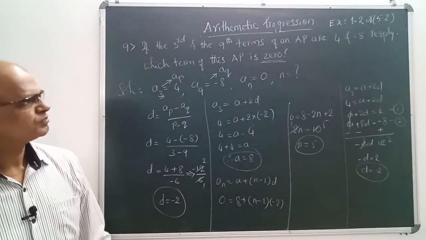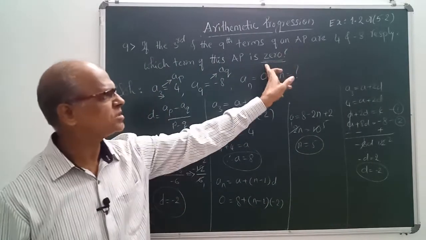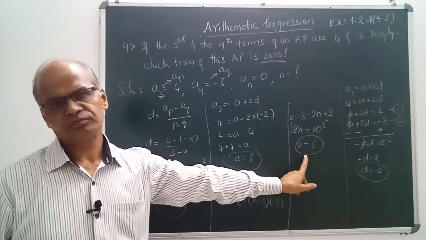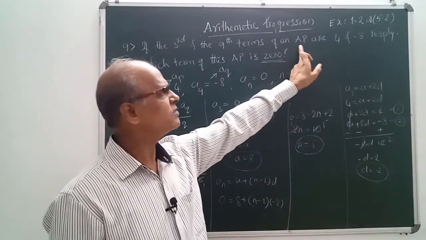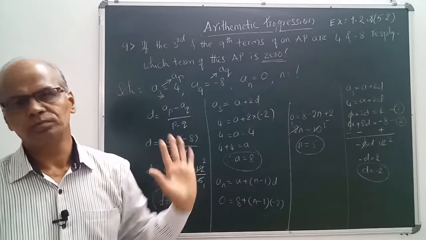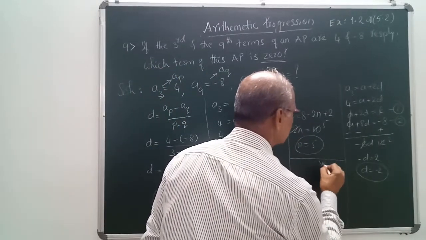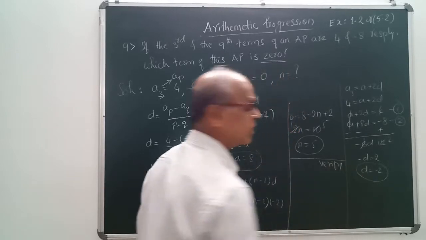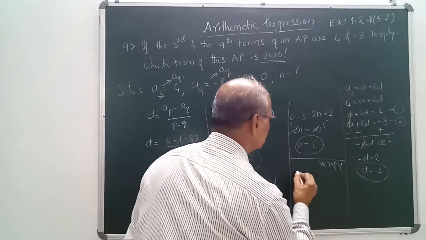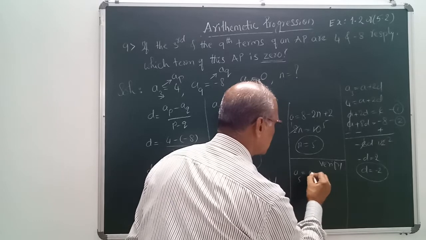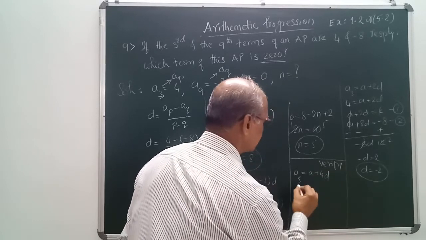In the sense, which term of this given AP is 0? Fifth term. The fifth term of this given AP is 0. You can verify. This one sum only I will verify and show you. Verification. What is the fifth term? You see, A5 is equal to a plus 4d.